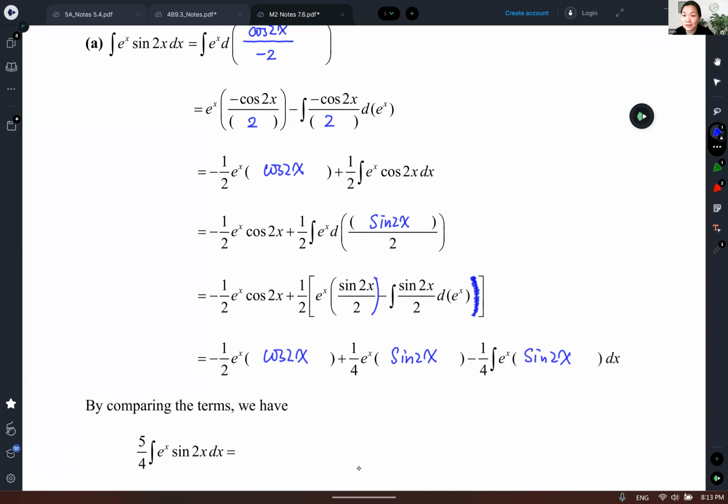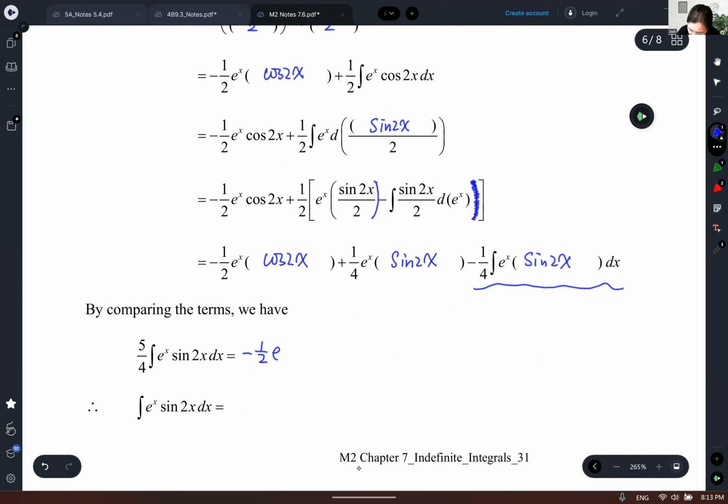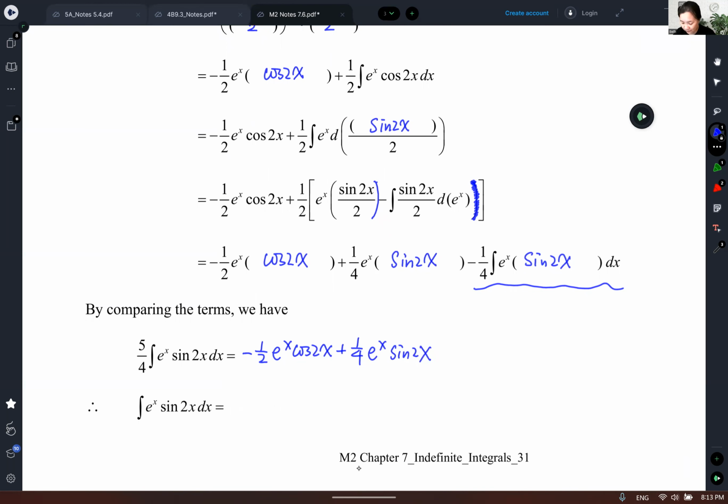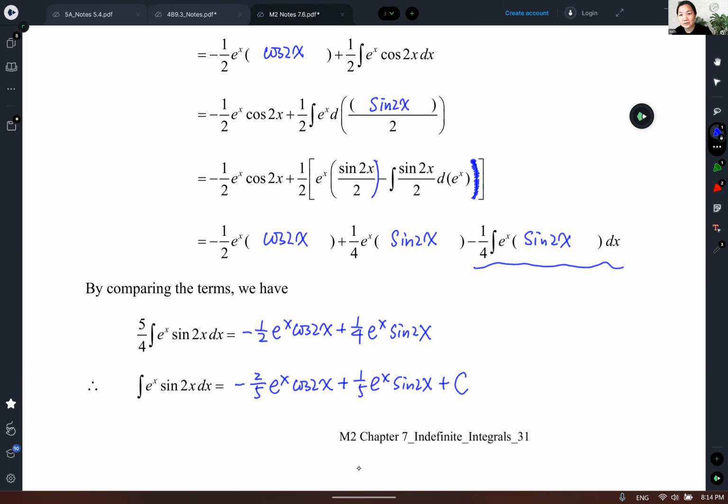And then by comparing both sides, I have this term and this term, and that is -1/2 e to the power x cosine 2x plus 1/4 e to the power x sine 2x. And then I'm supposed to multiply by 4 divided by 5. And I believe they are the same answer.